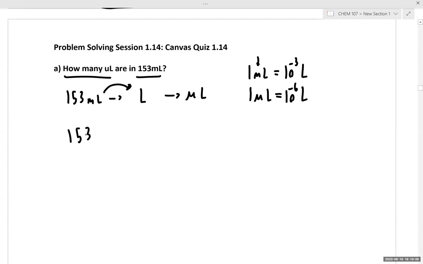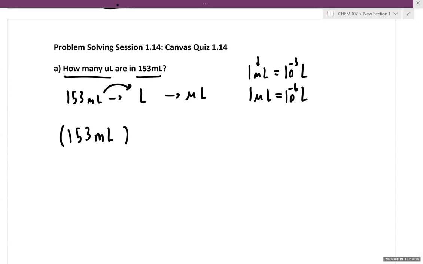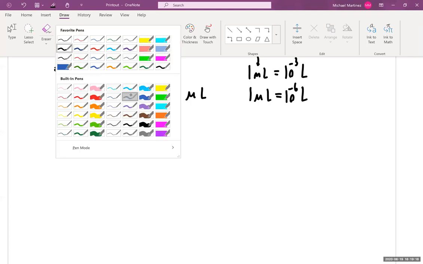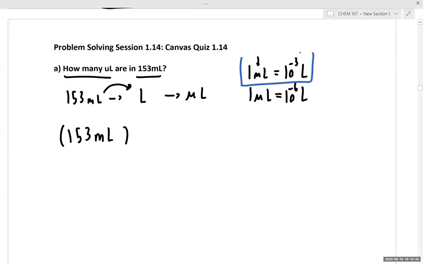So if we have 153 milliliters, for our first unit conversion, we look and find our equality containing milliliters and liters. My question to all of you is, what unit goes on top in our first conversion? What are we trying to convert to?